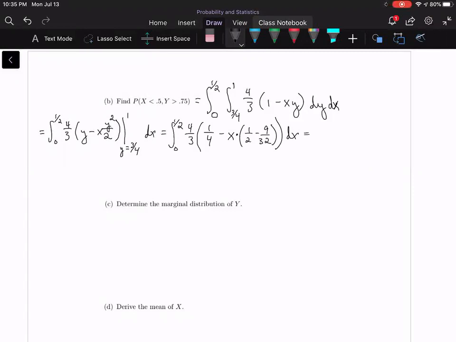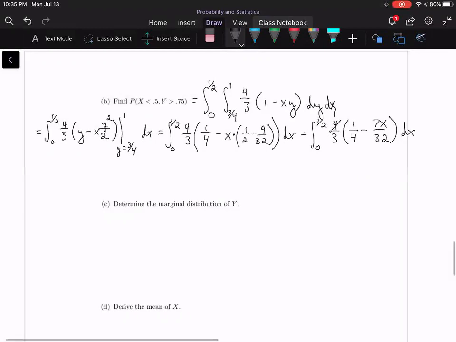So this gives us the integral 0 to 1/2, 4/3 times 1/4 minus 7x/32. And we could simplify a little bit further by realizing that the 4 in the numerator outside simplifies what's inside the parentheses a little bit. This is going to become a 1 for the first term and an 8 in the denominator of the second.